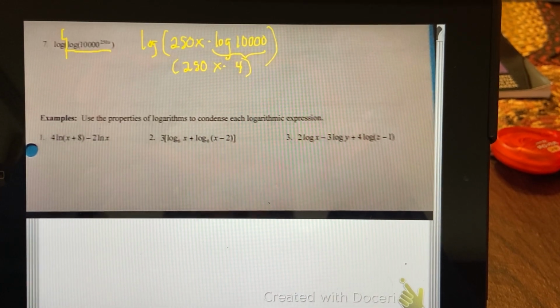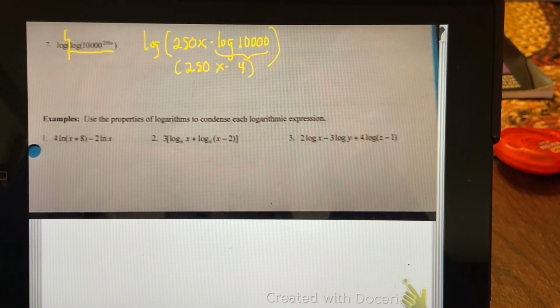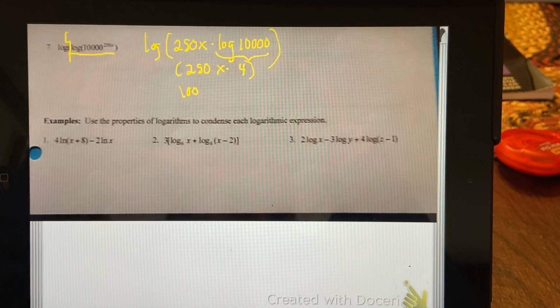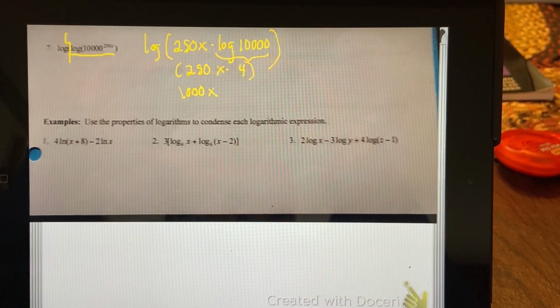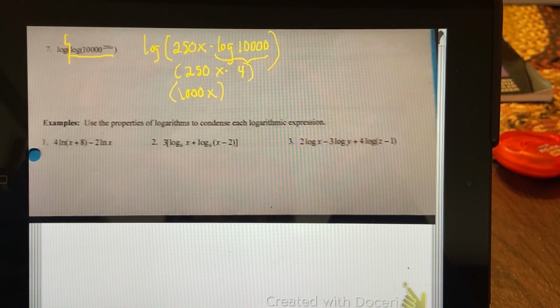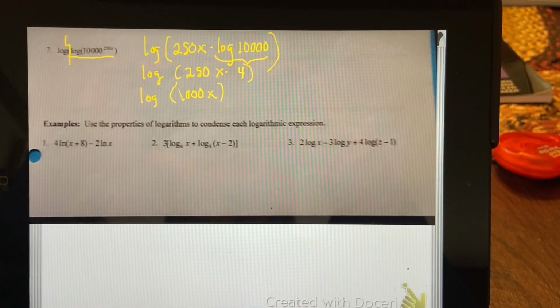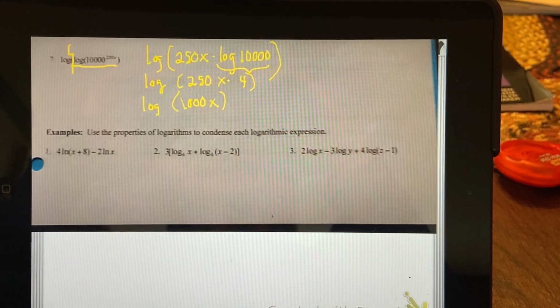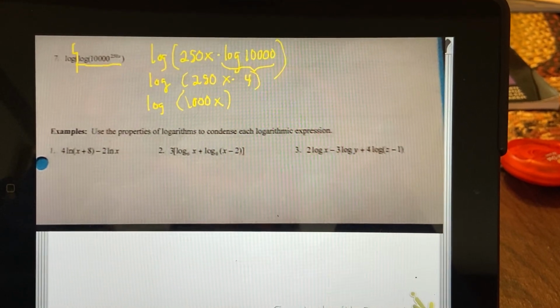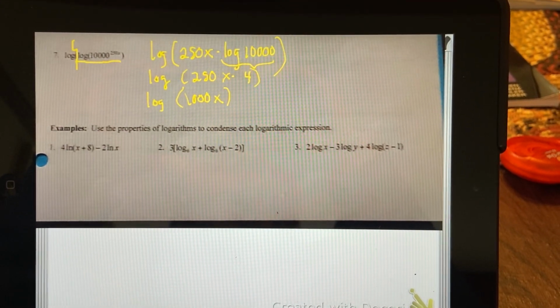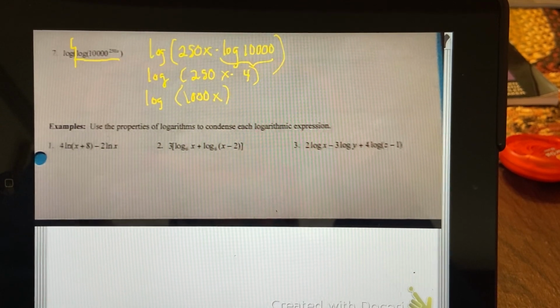Well, 250 times 4 is 1,000 x, and I've got the word log out in front of all that. Well, now I get to expand it. There's 1,000, and then there's an x. Those are two terms.